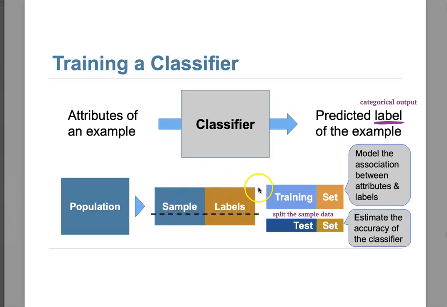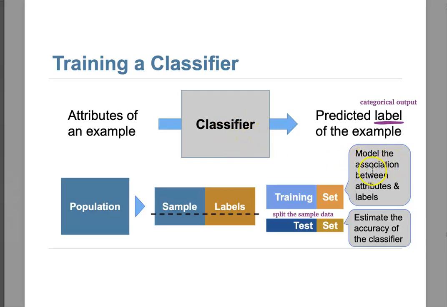Most of the time when we have a big set of samples, we do not use all the samples to train our classifier. Instead, we use a big amount of our data, maybe 80%, 90%, 95%. We call that the training set, and we use it to train our classifier, our model.